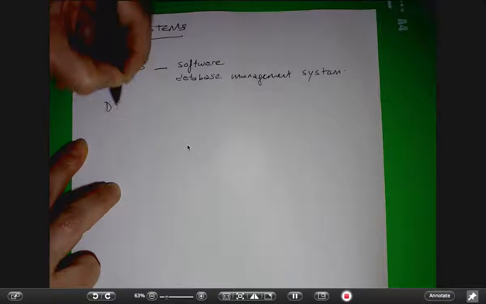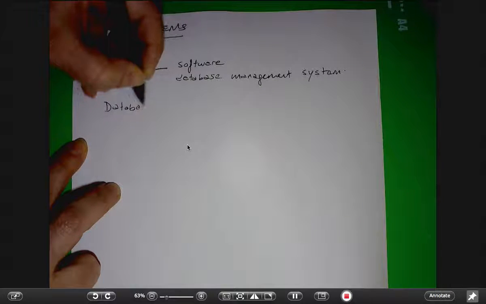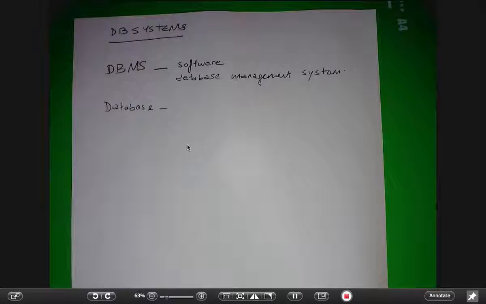Whereas a database is the actual data that you generally store inside a database management system. So generally we are going to be more concerned about designing a database, not designing a database management system, but learning how that operates also helps us develop better databases. So we are going to look under the hood of some database management systems.